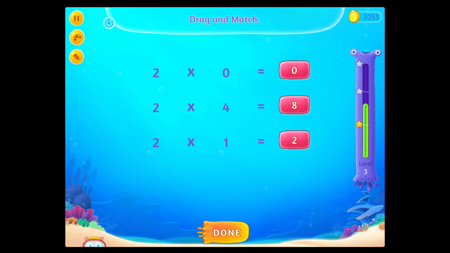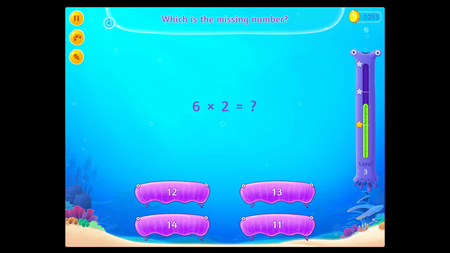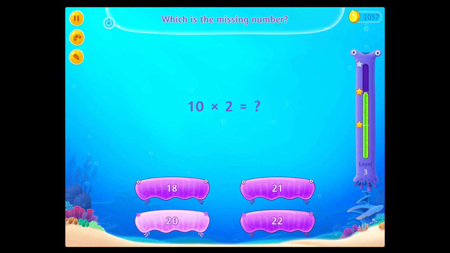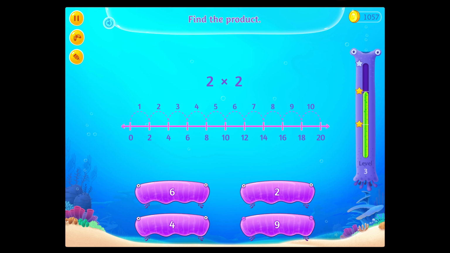You've done it! Which is the missing number? On a roll. Which is the missing number? Congratulations! You've done it! Find the product.